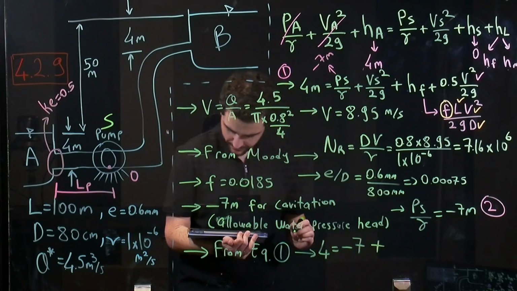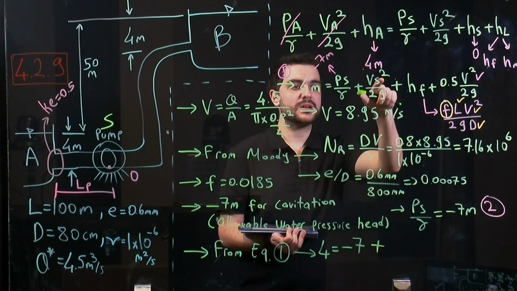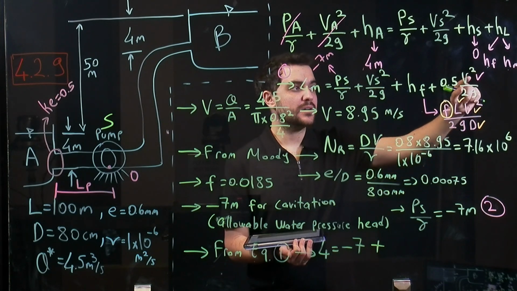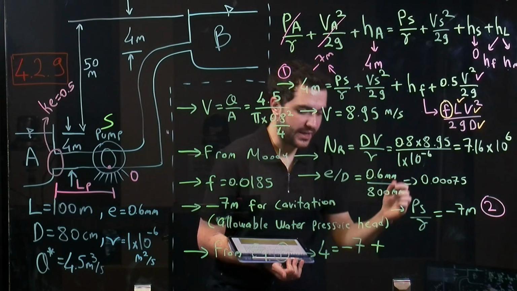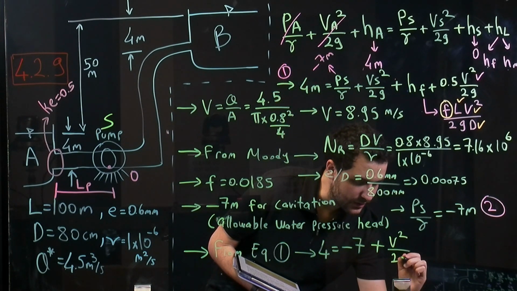Plus, we will have v square over 2g here. We will have another v square over 2g, and we will have another one, so that I can write it in parentheses like this one.